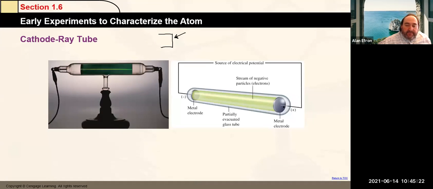There's a metal that's positively charged. And basically that stream of negative particles, which were later found to be electrons, would be heading towards the positive side here. A lot of times they would put something on this side of the tube that would fluoresce. So as the electrons hit it, you would see it light up as they shoot the electrons at the tube there.